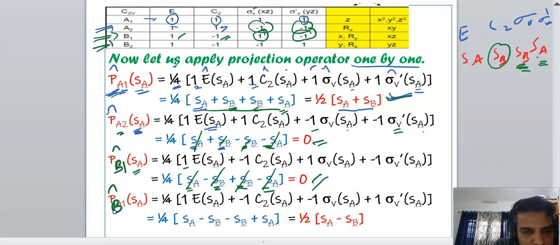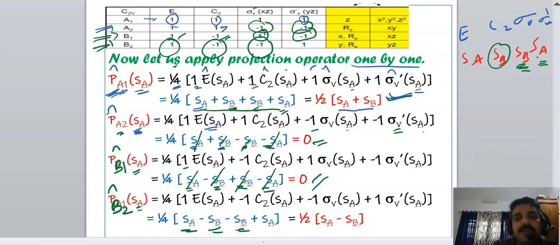And the last one, that is B2, P B2 SA. That is the projection operator B2 acting on the function SA. 1 by 4 into again 1 into E into SA is equal to SA. Again minus 1 into C2 into SA is equal to SB. So minus SB. Again minus 1 into sigma V XZ into SA is equal to SB. So minus SB again.